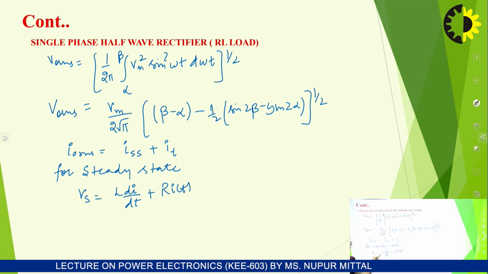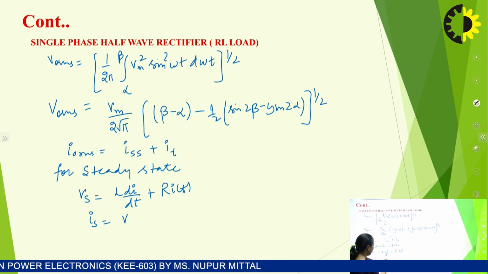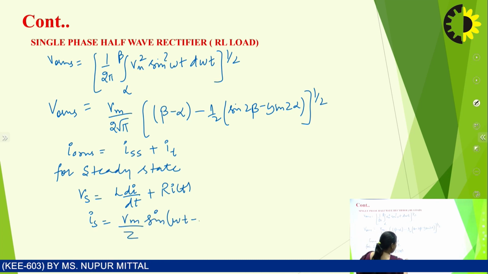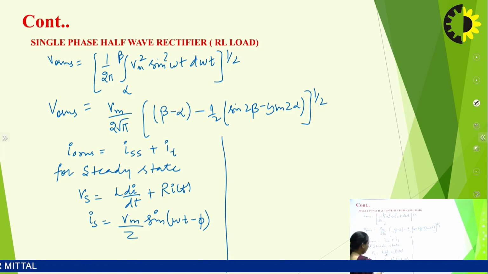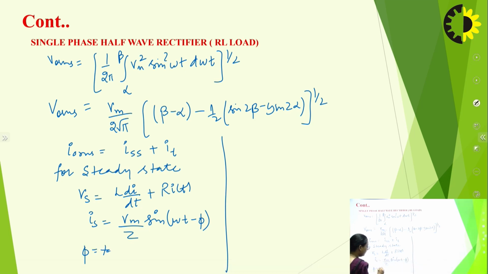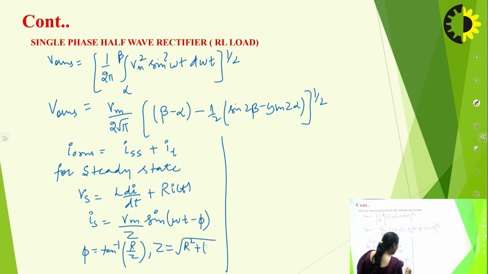And the solution for this is that i s will come out to be Vm upon Z sin omega t minus phi, where phi is tan inverse omega L by R, and this Z is under the root of R square plus omega L whole square.